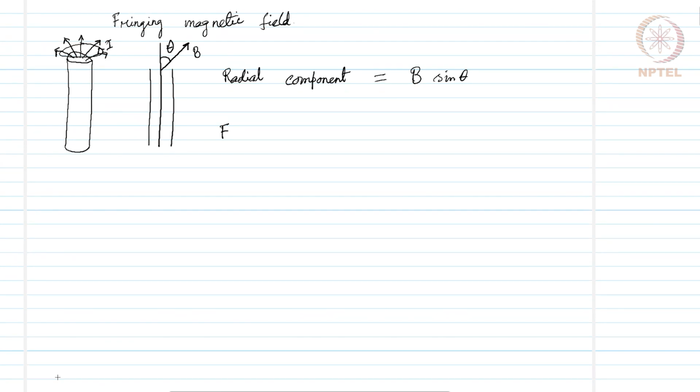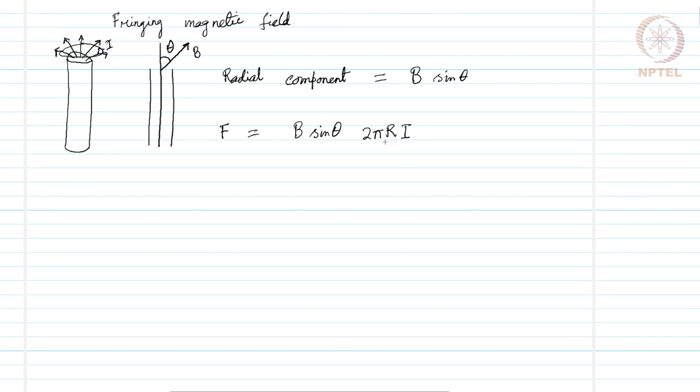So, this ring will move into the solenoid, and that force can be written as B sine theta times, if capital R is the radius of the solenoid, twice pi R times I, the radius of this ring that we have.